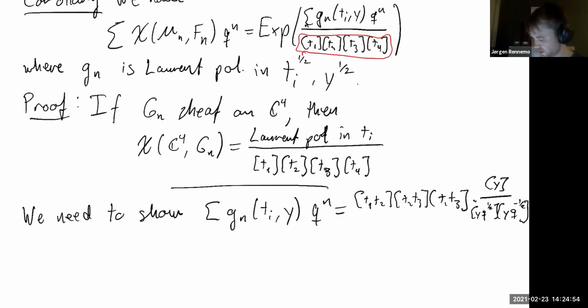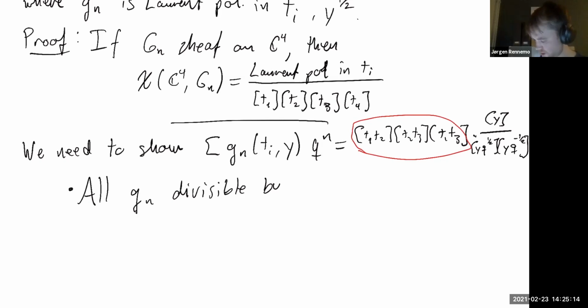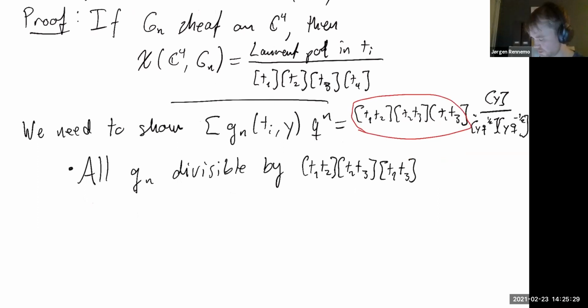We can now treat this factor, so one shows that all Gn are divisible by exactly this factor, and that you get out from looking at the localization contributions and the explicit contribution from each fixed point.